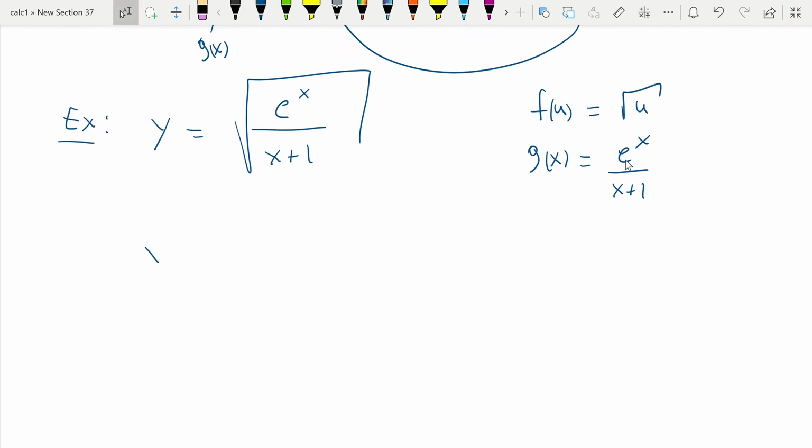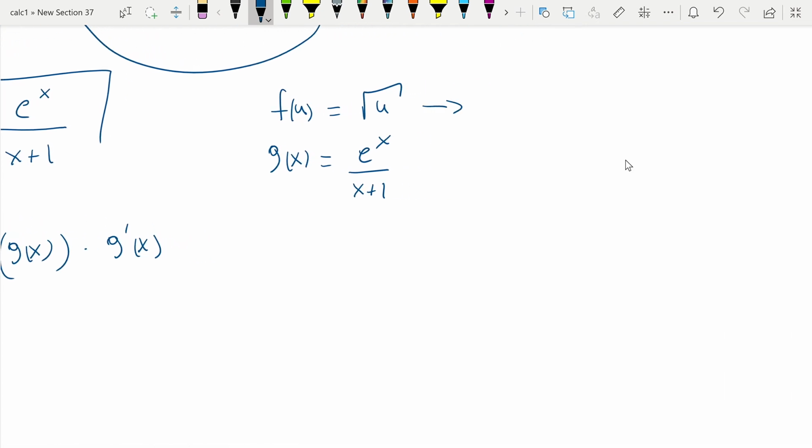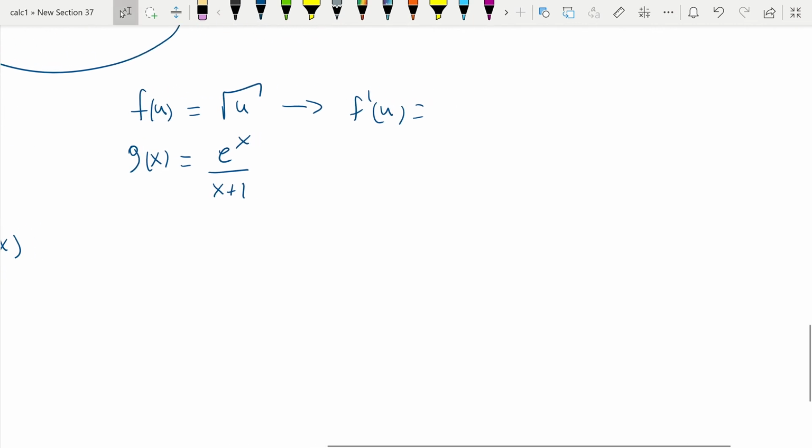So how do we find y prime? Y prime is, according to the chain rule, f prime evaluated at g of x times g prime of x. But what is f prime here? F prime of u is, again, the power rule, with u to the 1/2, so this gives us 1 over 2 times the square root of u.